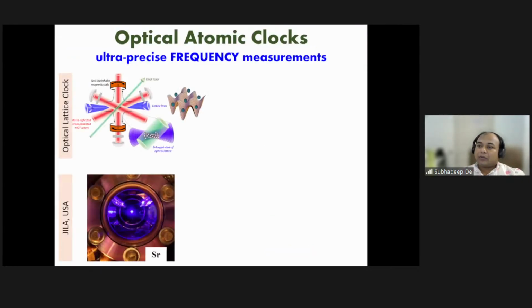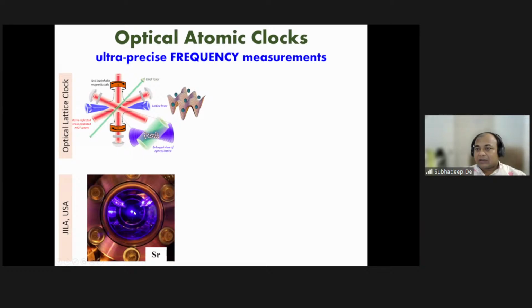Okay, so once you have selected the transitions, which actually exist for some atomic elements or ionic elements, as I already pointed out, there are two types of optical clocks. One is based on neutral atoms. So you can take some neutral atoms which have this sort of highly forbidden transitions and make a clock based on that. I will come into detail how that works. For example, here you see these are strontium atoms, which are in a magneto-optical trap.